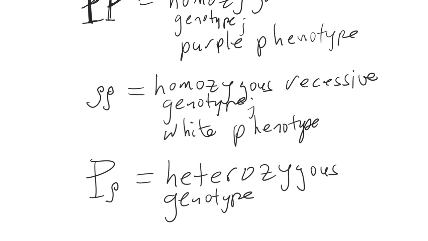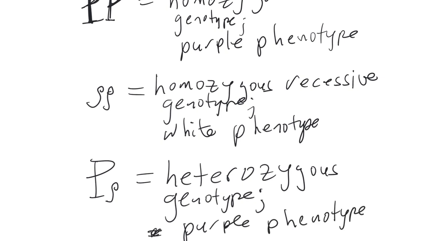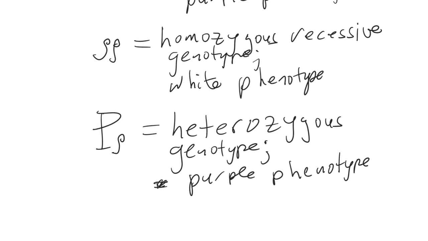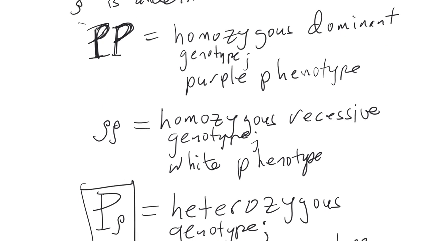And because the big P masked the little p, this would also be a purple phenotype. So when you have a purple flower, you don't know whether it's big P, little p genotype or big P, big P genotype. So this would be the hybrid.